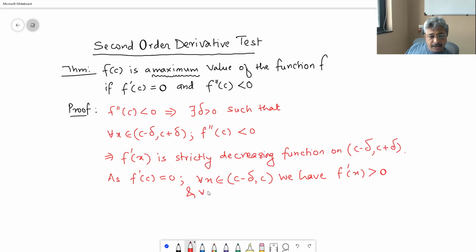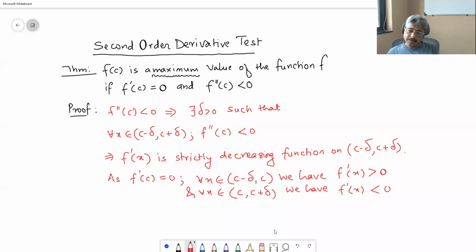And for every x belonging to c to c plus delta, we have f dash of x less than 0. Is that correct? Hence, by first derivative test, f of c is a local maximum.